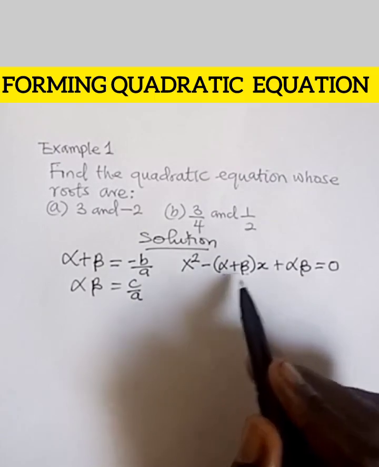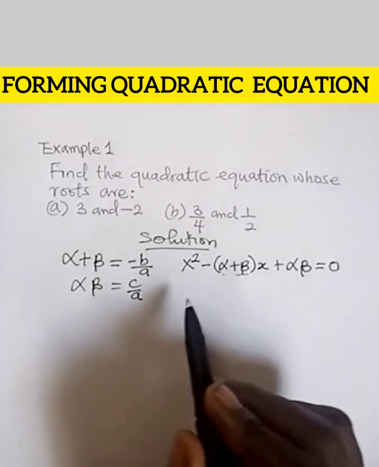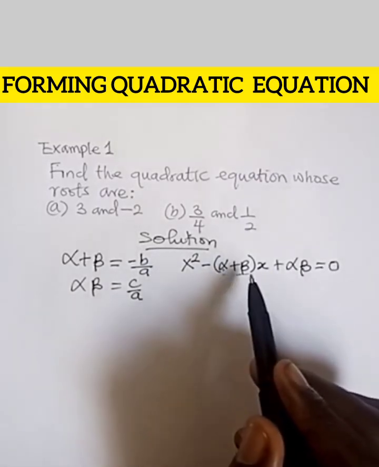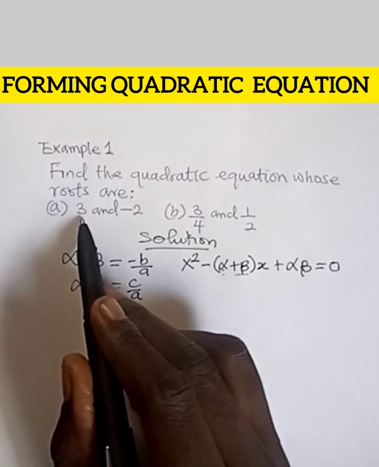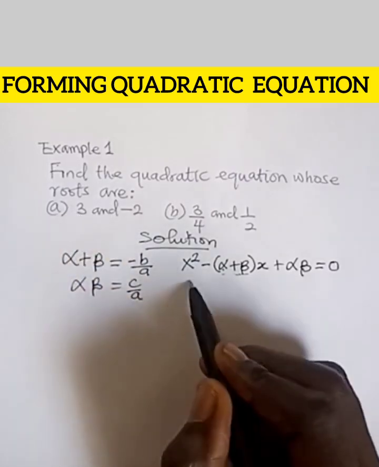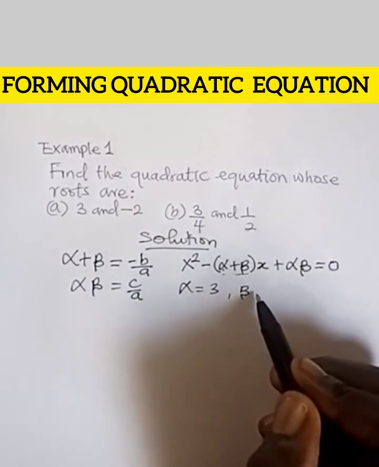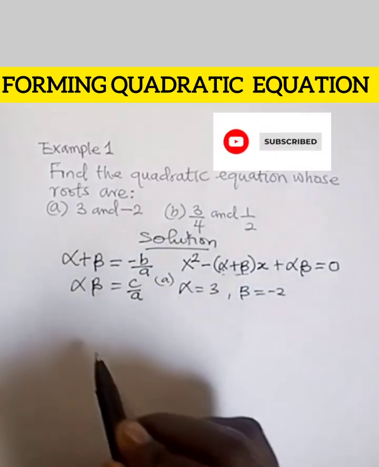So what we are going to do is substitute the sum of roots and the product of roots. In this case, we pick the value for alpha and the value for beta. So if you look up, let alpha be 3 and beta be minus 2. So we are going for a now.